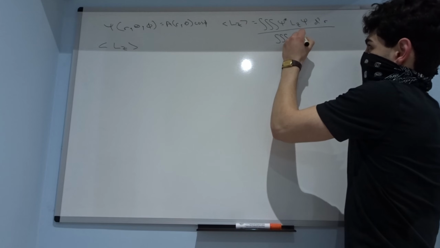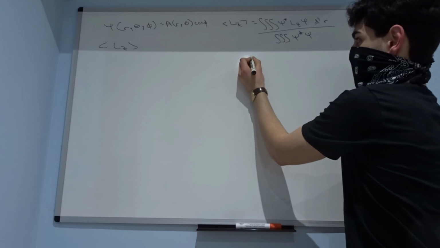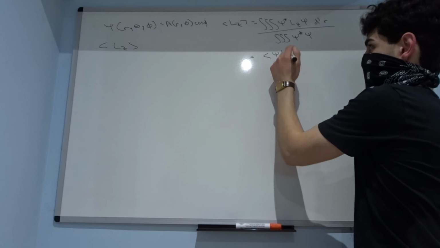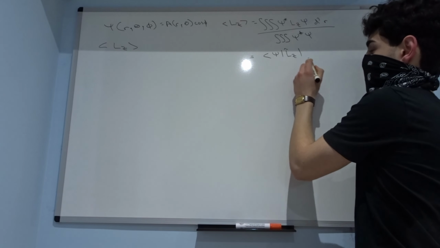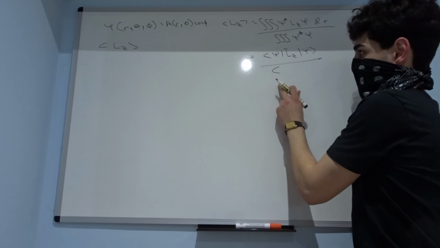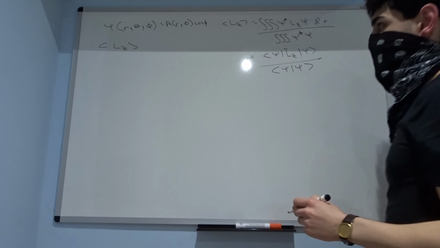That is the complex conjugate, the z component of the angular momentum operator, all over our normalization, which is just equal to 1 because it's a probability.